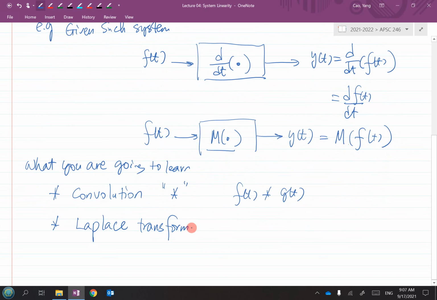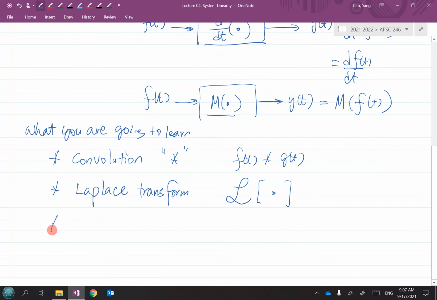We use an L, like a music symbol, but it's L, for Laplace, and then brackets. Whatever you put in the bracket is the system input, and then it spits out the corresponding transformed signal, the so-called Laplace transform.